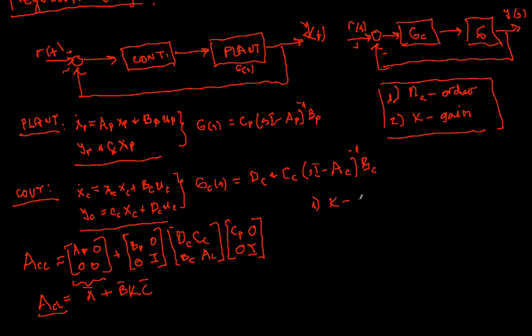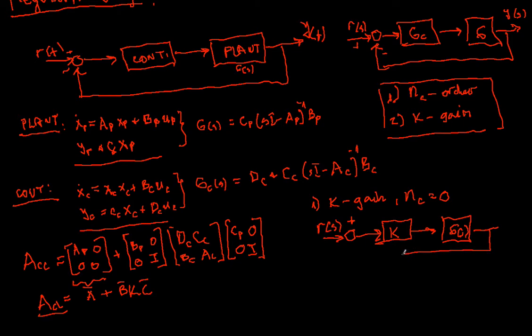So if K is just a gain, no dynamics, and the controller order is equal to 0, so the controller does not have dynamics, we get just the following picture: R of S, plus some gain K, G of S. This is already something that we are familiar with, because we know that the stability of this system is defined by the closed loop transfer function characteristic equation, and the characteristic polynomial of the closed loop transfer function is the following: 1 plus K G of S.